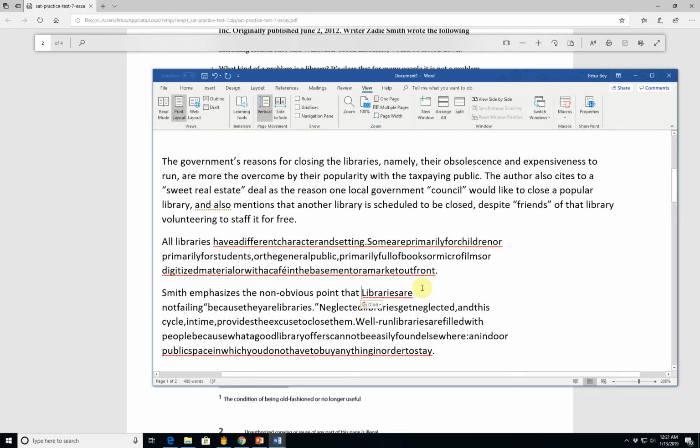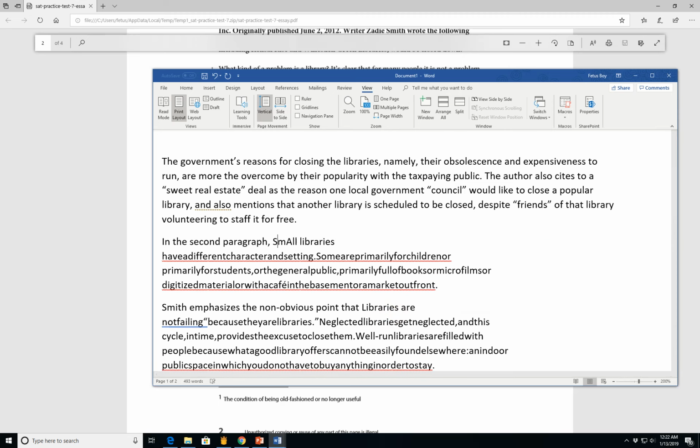So Smith points out the non-obvious point that libraries are not failing because they are libraries. So first of all, in the second paragraph, Smith notes, a fairly obvious point, all libraries have a different character and setting.